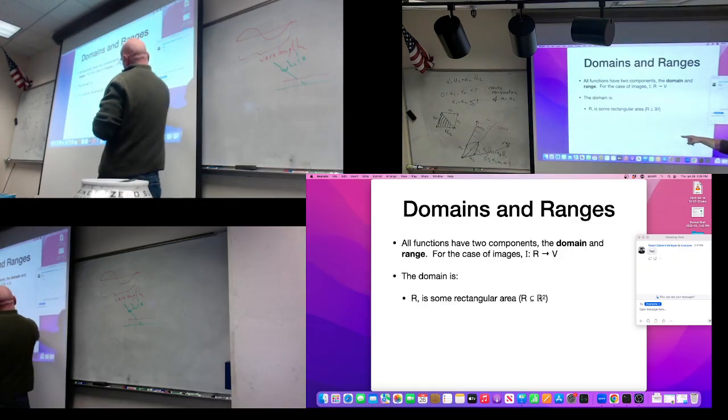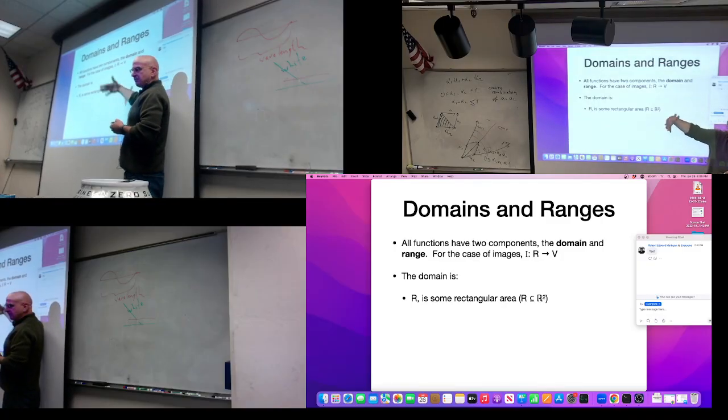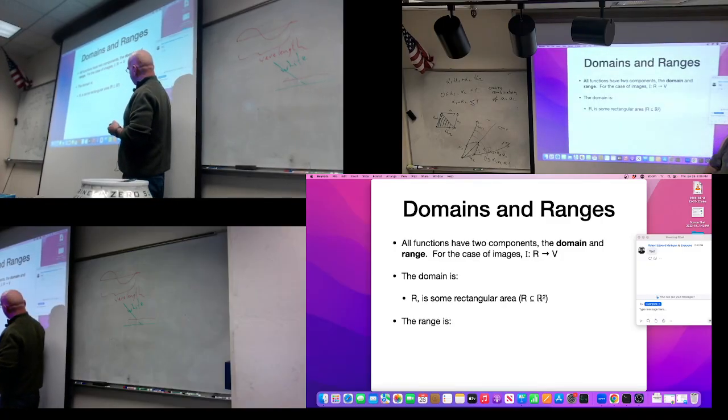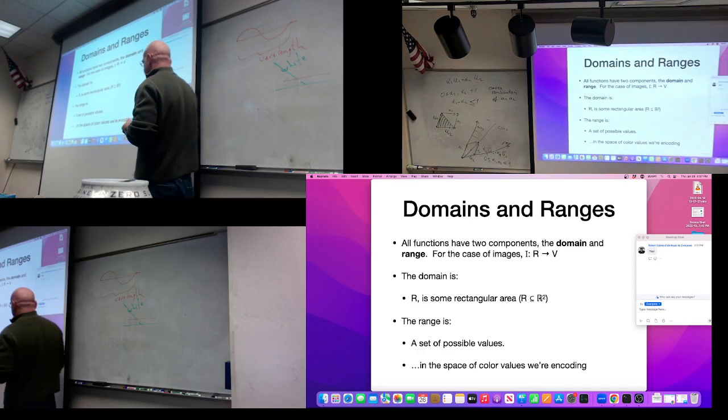So you're asking, I took a picture, there is some region in the 2D plane that I take the picture from, and the range is a set of possible values of, say, RGB, or whichever coordinate system that you want to ask.